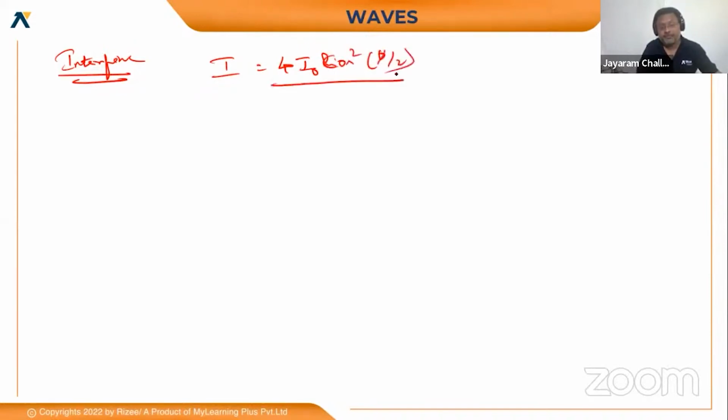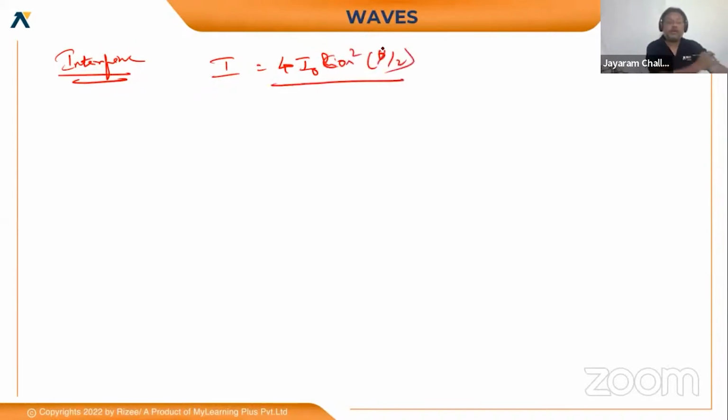Fine. Next, if I go for the interference, what is this interference? Two waves traveling in the same direction with a slight difference in phase, then the intensity keeps changing alternately. I is equal to 4 I naught into cos square of phi by 2.